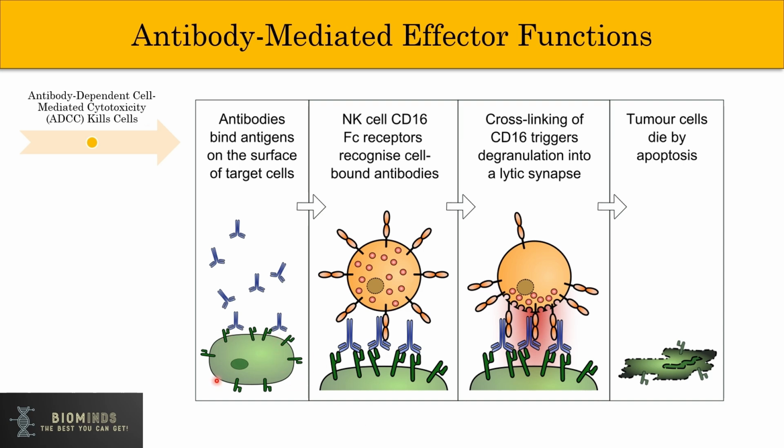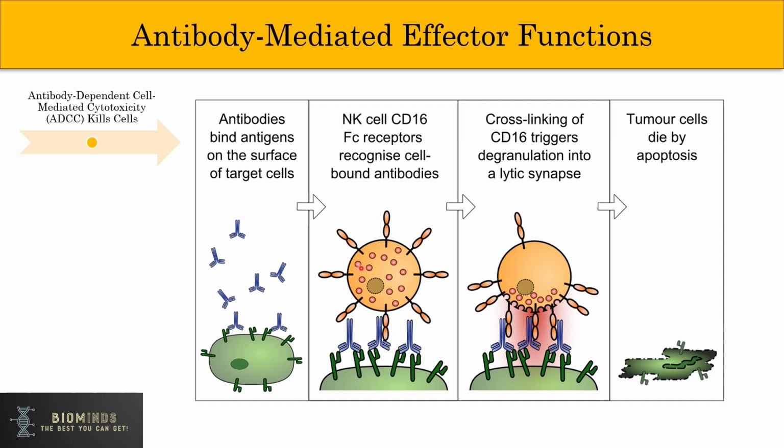Here we have the target cells, which can be our cells which have an antigen in them, or it can be bacterial cells or pathogen cells. These are the antibodies. The antibody will go and bind to the receptors present on the bacterial cells, and the Fc portions are there. NK cells, that is natural killer cells, have the CD16 receptor, and it will bind the Fc portion of the antibody.